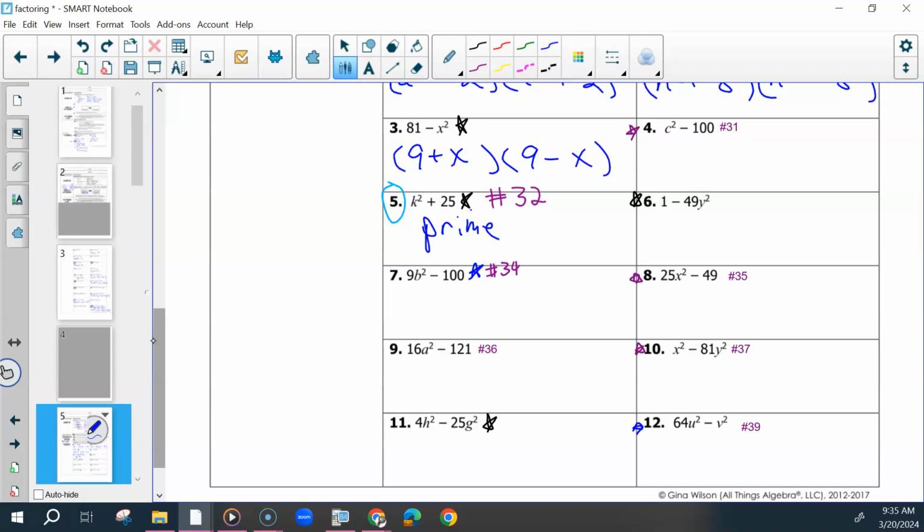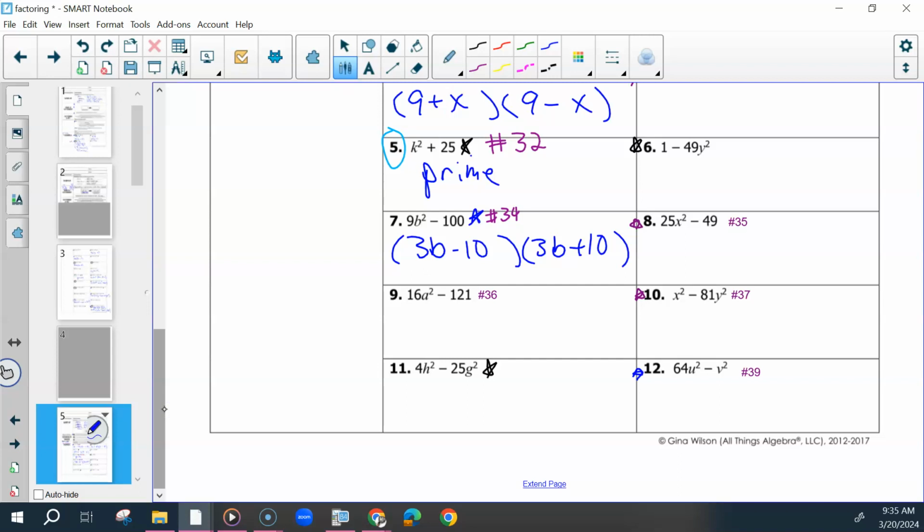What would 7 be? What would those factors be? 3b minus 10 and 3b plus 10. Yes. What about 12?